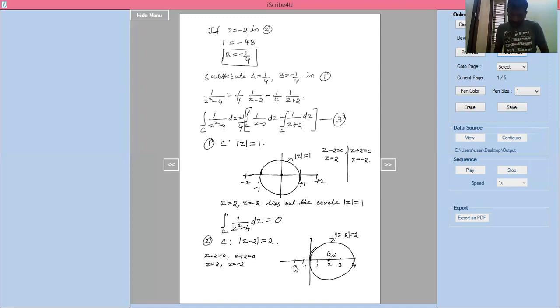Now I'll take this. Here this is 2, which means z equal to 2 lies inside the circle, while z equal to minus 2 lies outside the circle.